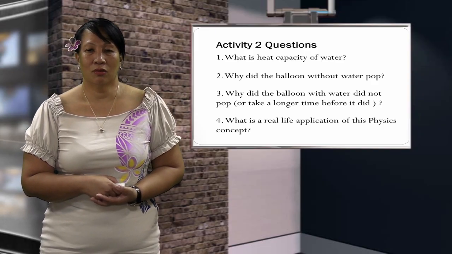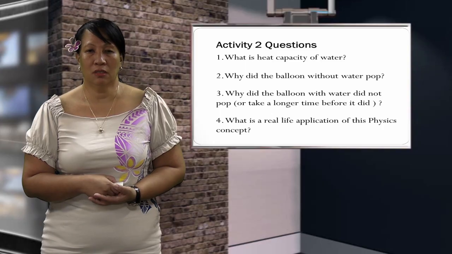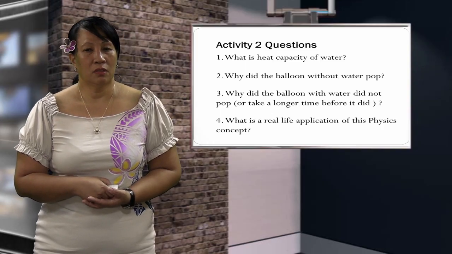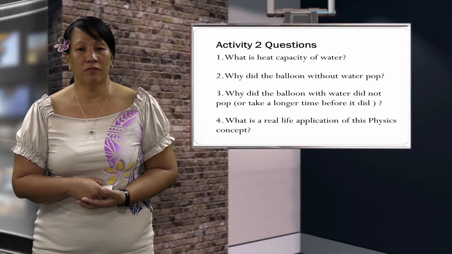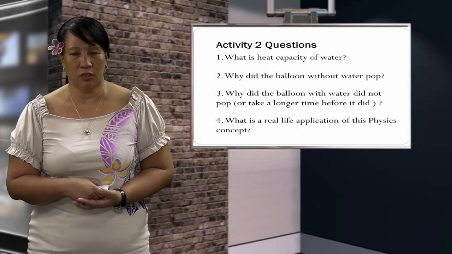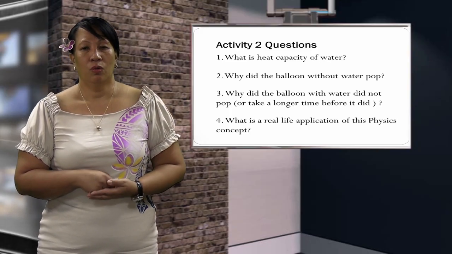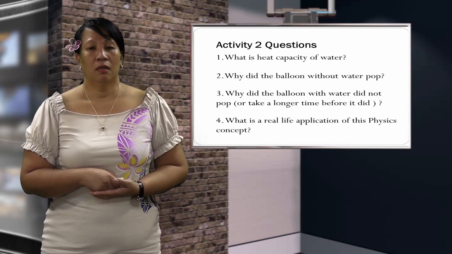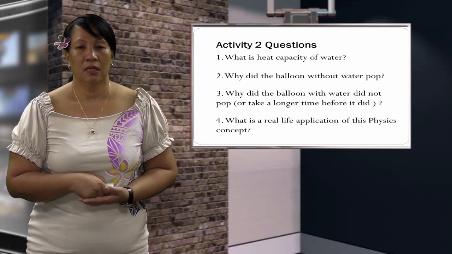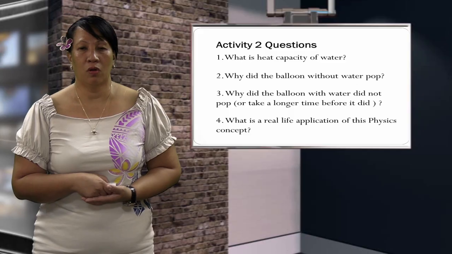The seawater is still cold despite the hot sunny day, and that's because of the high heat capacity of water. The sand conducts heat faster, whereas the water, because of its high heat capacity, takes a while before it warms up.